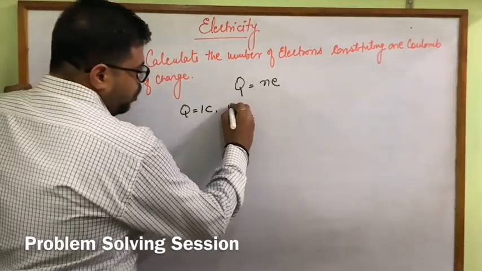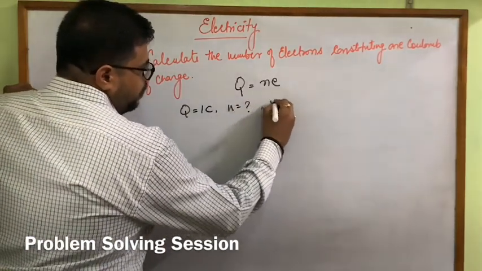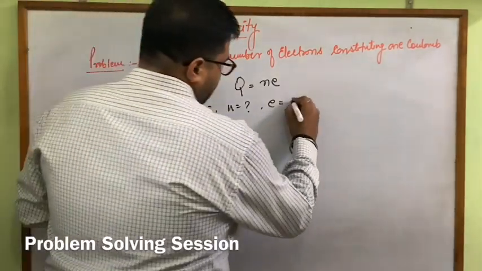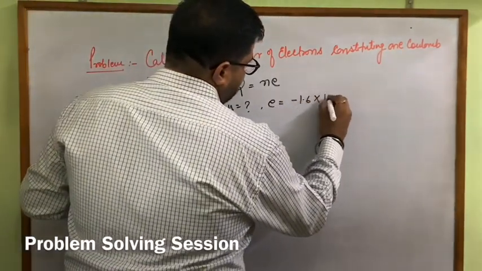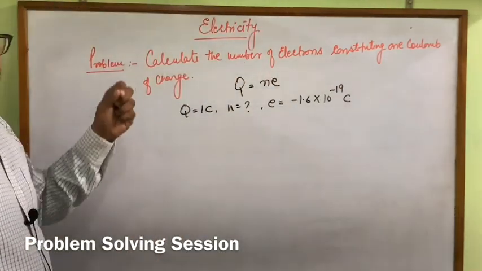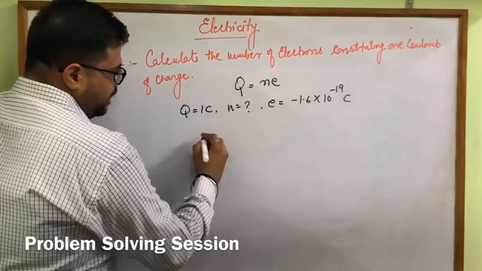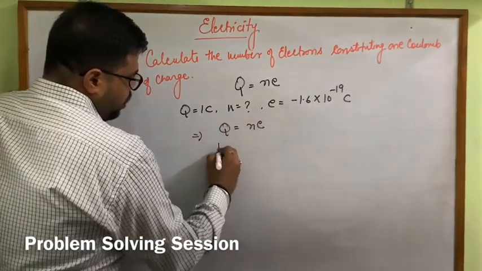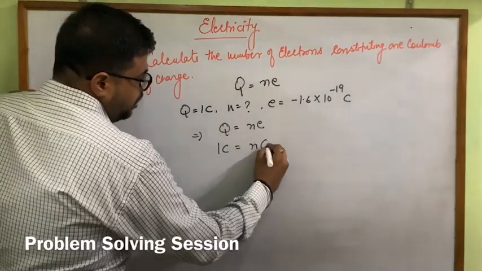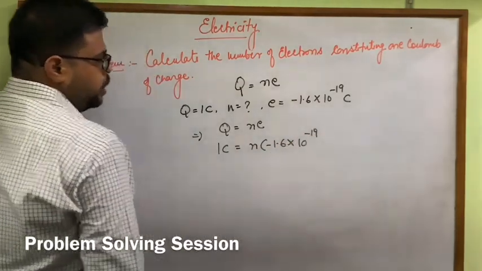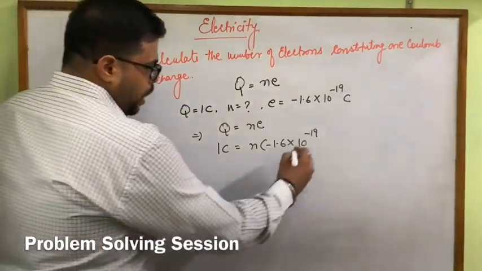We have to find n, the number. We know the charge on the electron is 1.6 into 10 raised to the power minus 19 coulomb. Now we have to find n. Look here, we place the values: Q equals n e, 1 coulomb equals n times 1.6 into 10 raised to the power minus 19 coulomb.